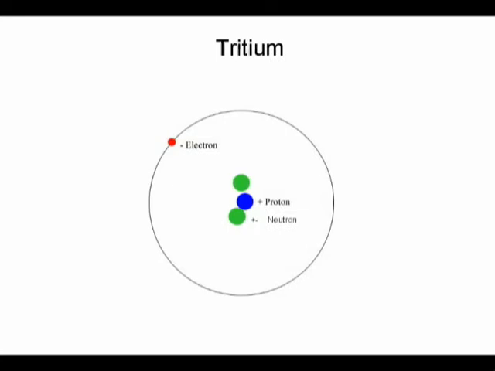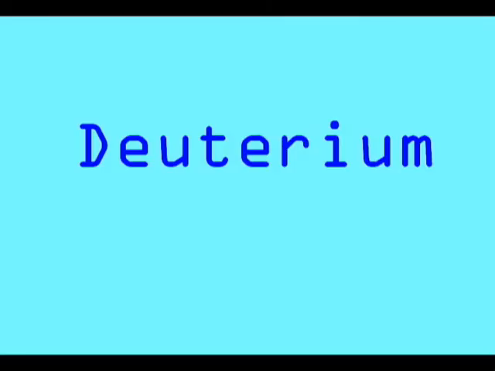This is tritium. It is the second hydrogen isotope. Notice again that it has one more neutron than deuterium. I hope you now understand what we'll be looking at when we discover exactly what deuterium and tritium are. Now that you understand the isotope, we will now look into deuterium.